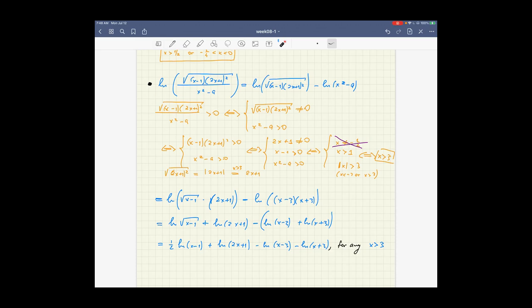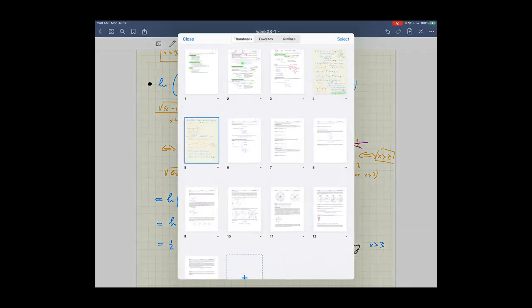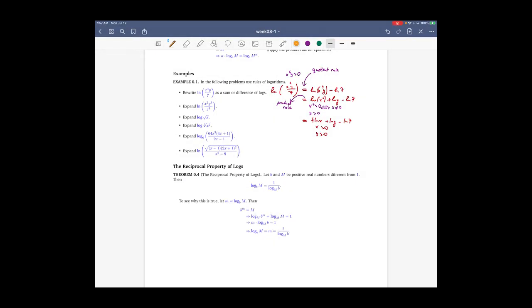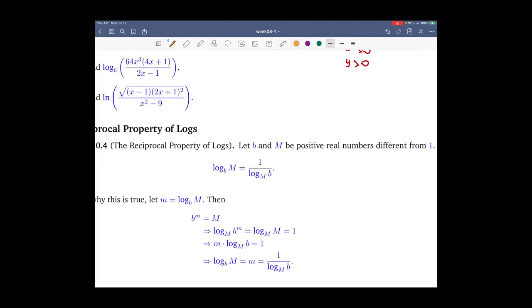All right. Let's continue our study of properties of logarithmic functions. And the next property is the reciprocal property of logarithms. So what does it say?